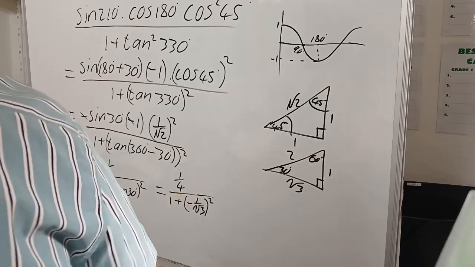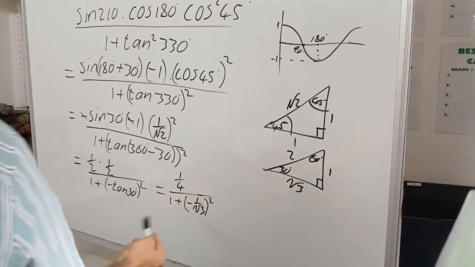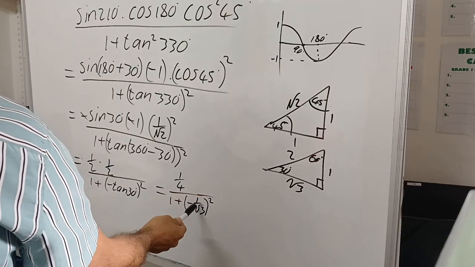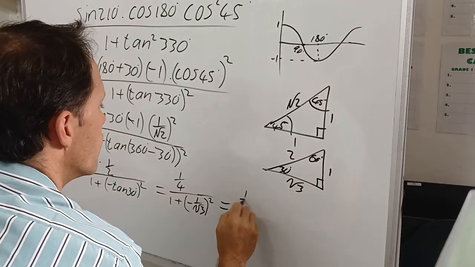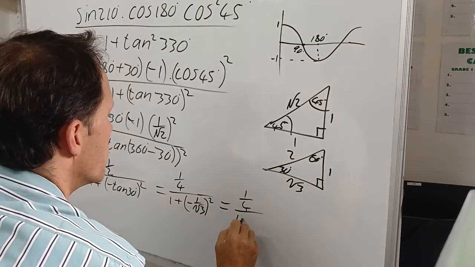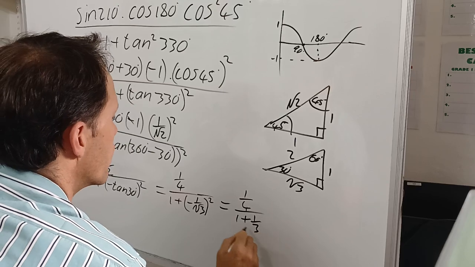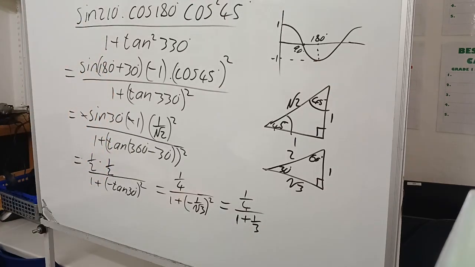So it becomes 1 over 3. The negative times the negative is positive. Square root of 3 times square root of 3 is 3. So we're going to have 1 over 4 over 1 plus 1 over 3.